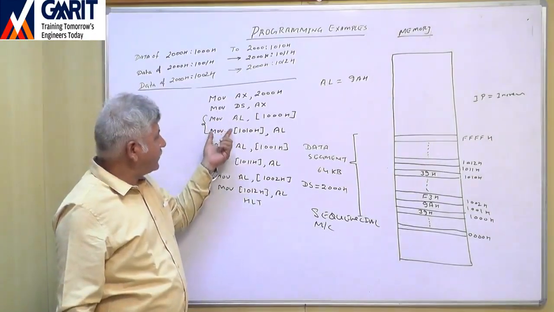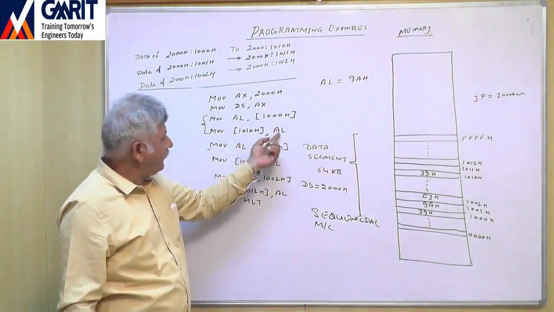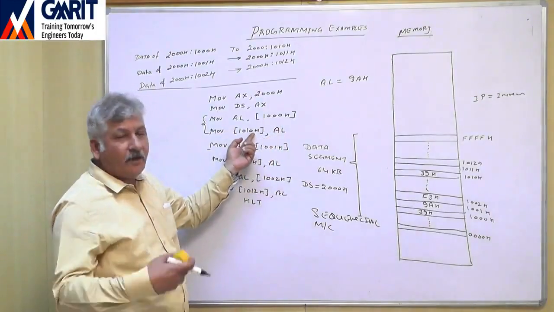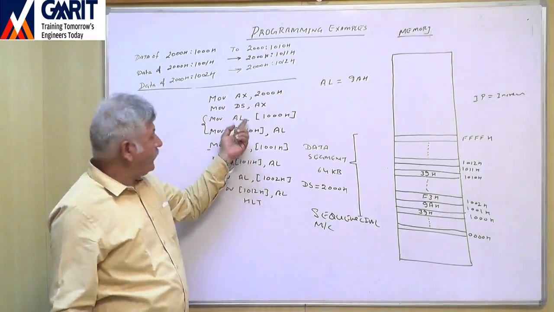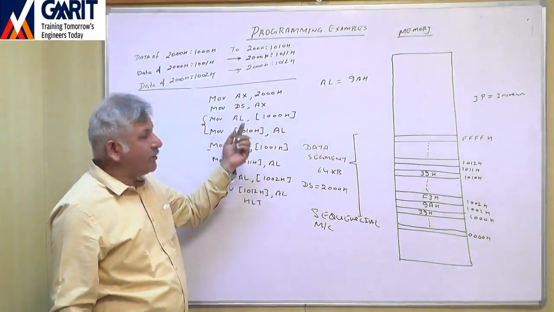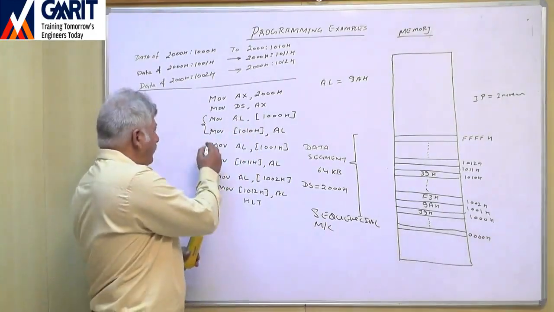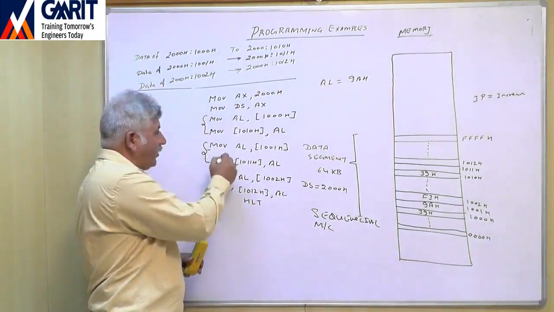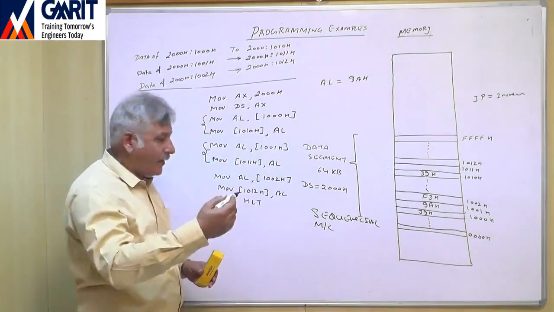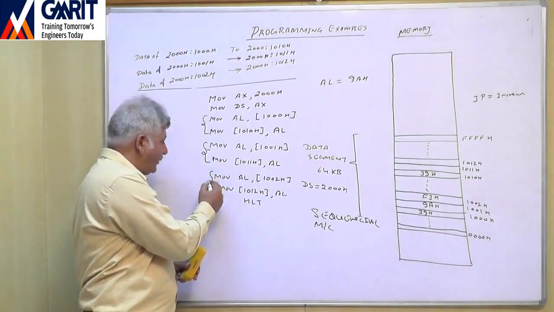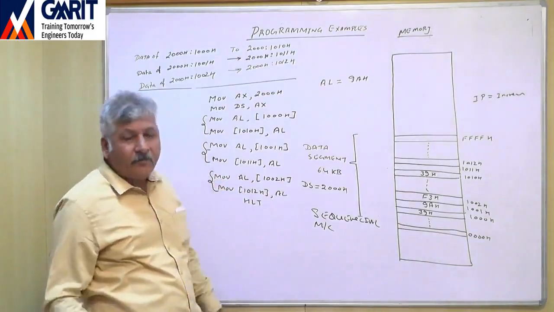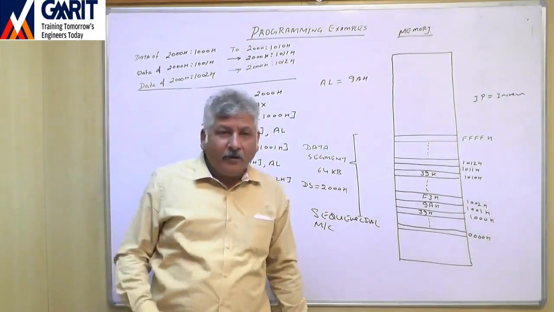Then in the next instruction, from the microprocessor we will transfer it to some other location of the memory. So we require these two instructions to transfer 1 byte. Now these two instructions we require for transferring the second byte. These two instructions we require to transfer the third byte.